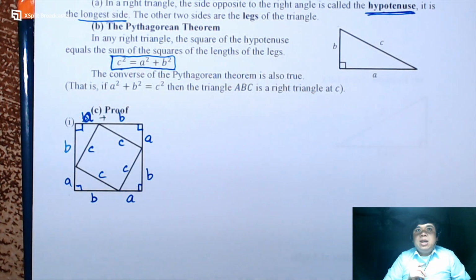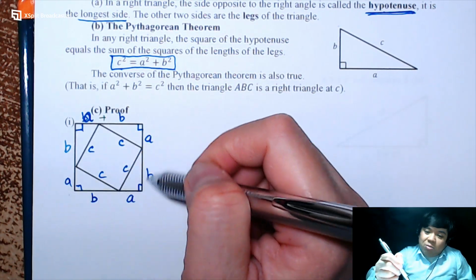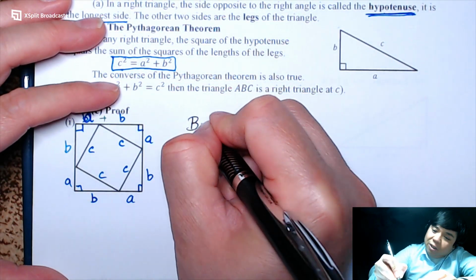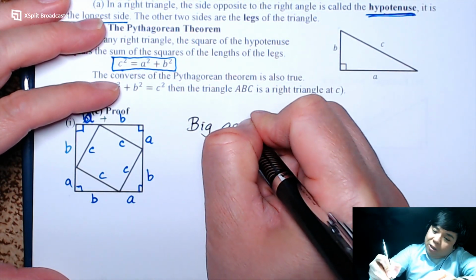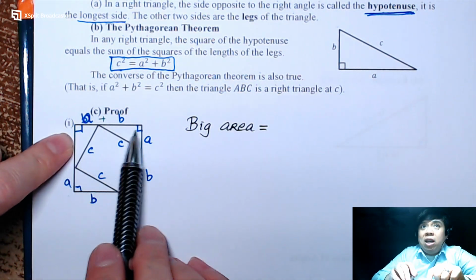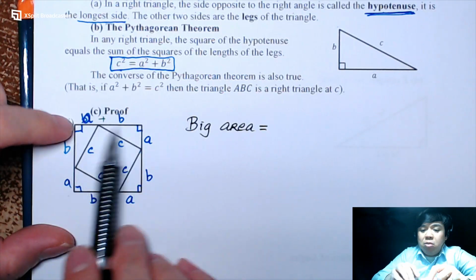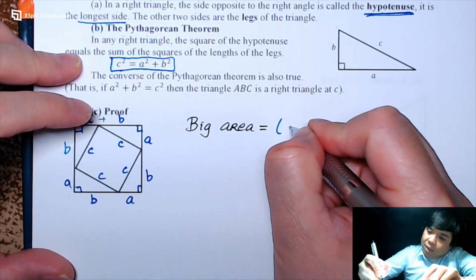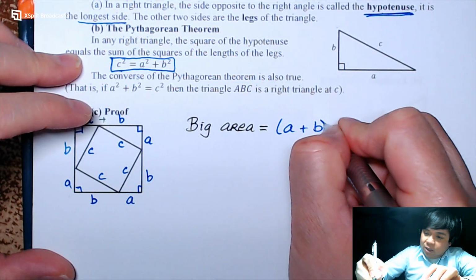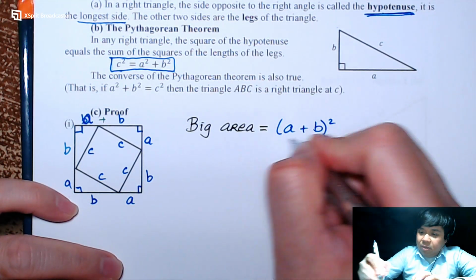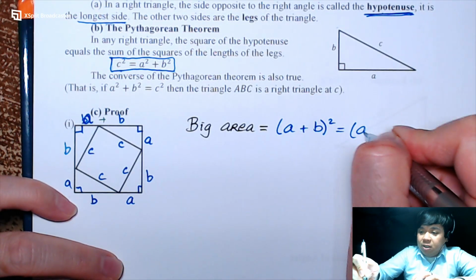Okay, good. So in that case, for the big square, I can say the big area is equal to the square of A plus B, (A plus B) times (A plus B). That's the big area. Now I square them, meaning multiply by itself.